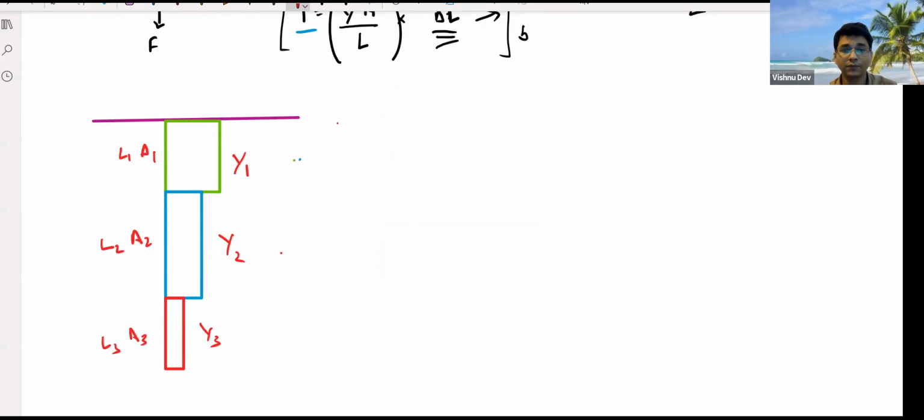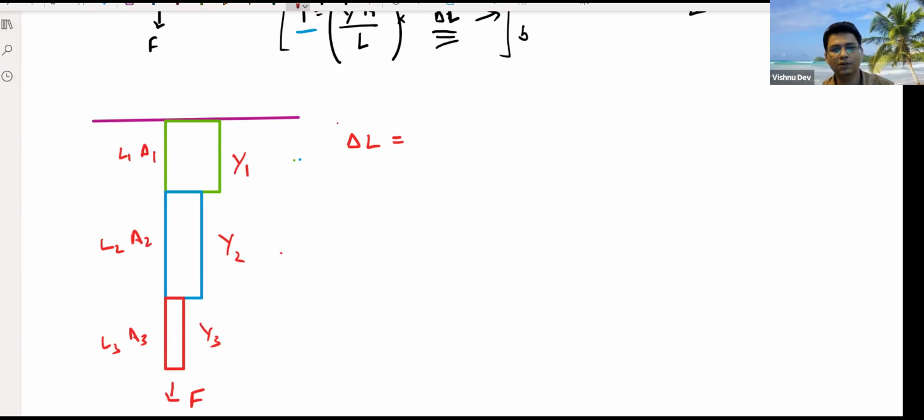Now, if I have to find delta L, if an external force F is there, a pulling force or a pushing force, doesn't matter, a restoring force F. So what is delta L? We have solved a similar problem in the last class.